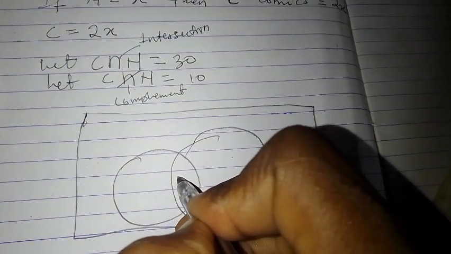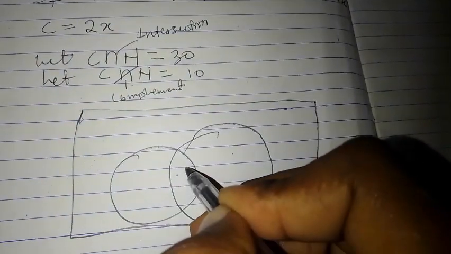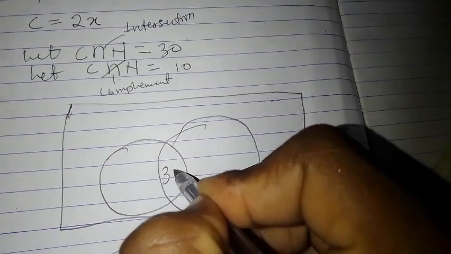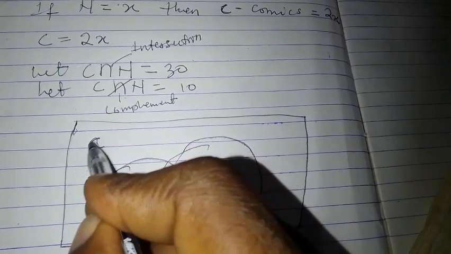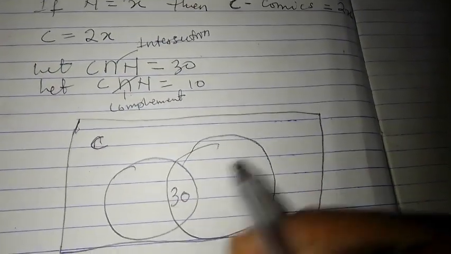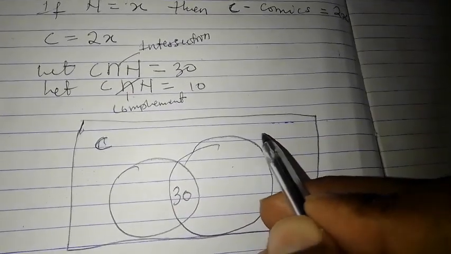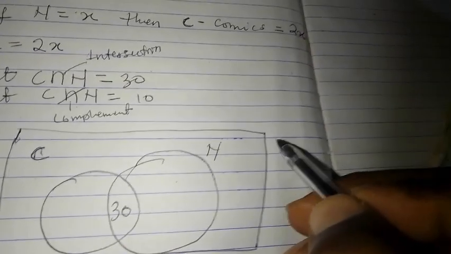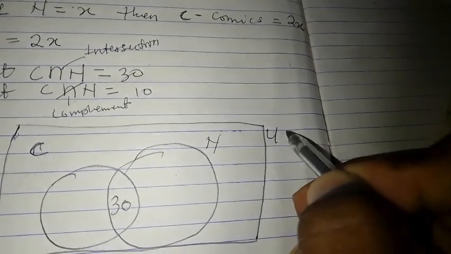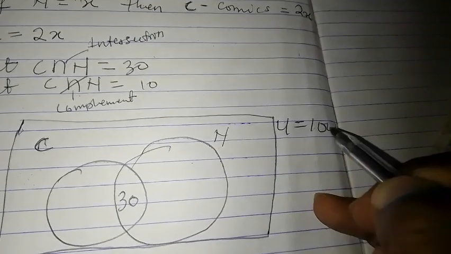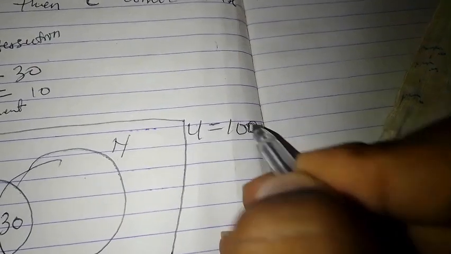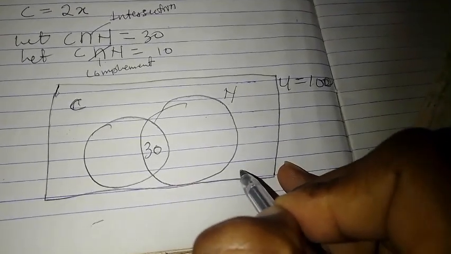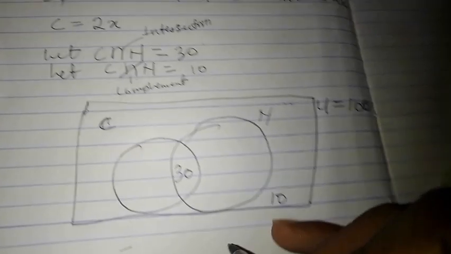So the intersection is 30. We place the intersection where the two circles intersect. Now let's put comics here as C, and novels here as N. The universal set is always here as U, being equal to 100. And now the complement is here as 10.